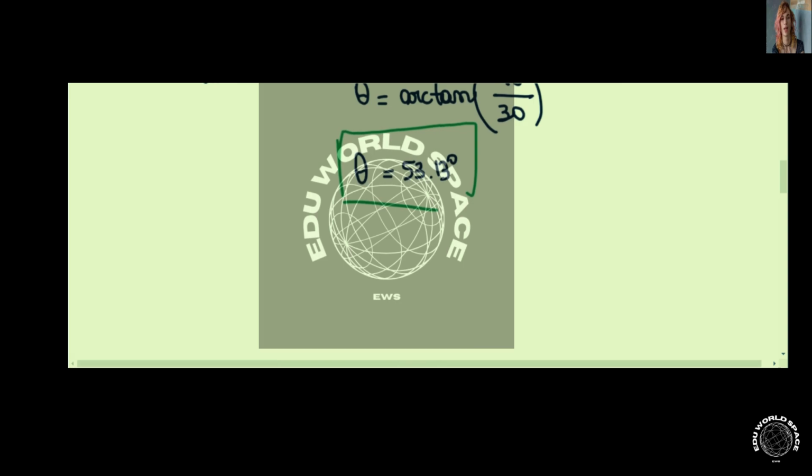Then in question E, we have to sketch the trajectory of the projectile according to an observer that is moving with the car.